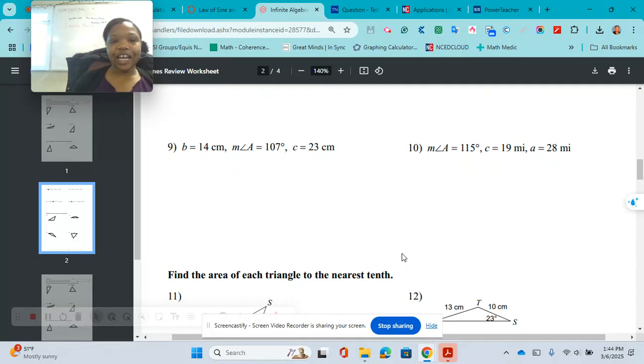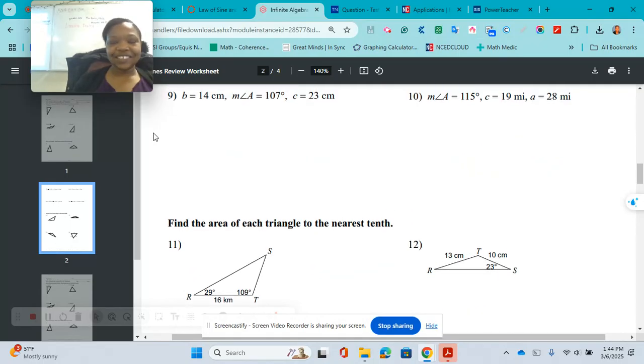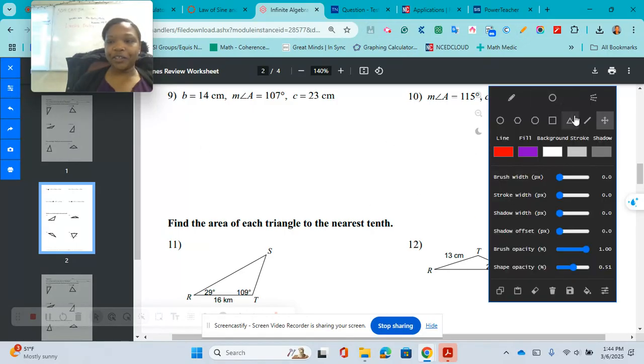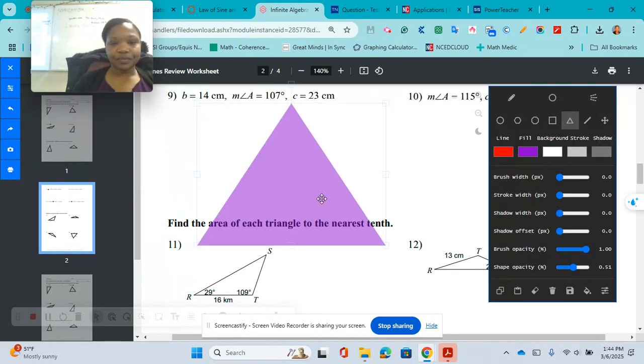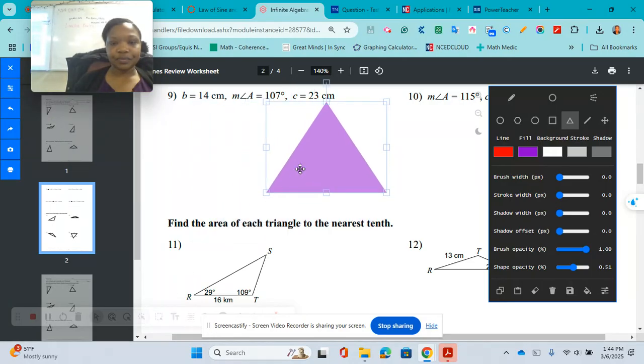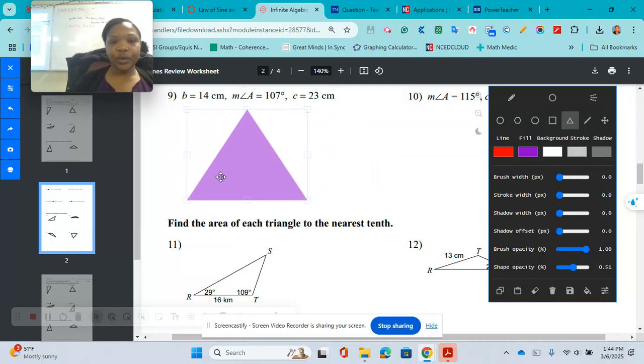All right. Now we are on number 9. We have a triangle. With this triangle, we have the length of B at 14 centimeters.